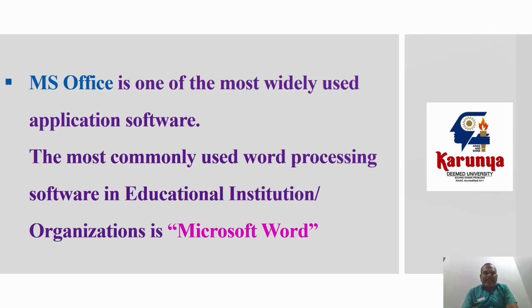Many educational institutions, offices, companies, and people working in different kinds of software companies or organizations need to work with Microsoft Word to create different kinds of documents and maintain documentation.